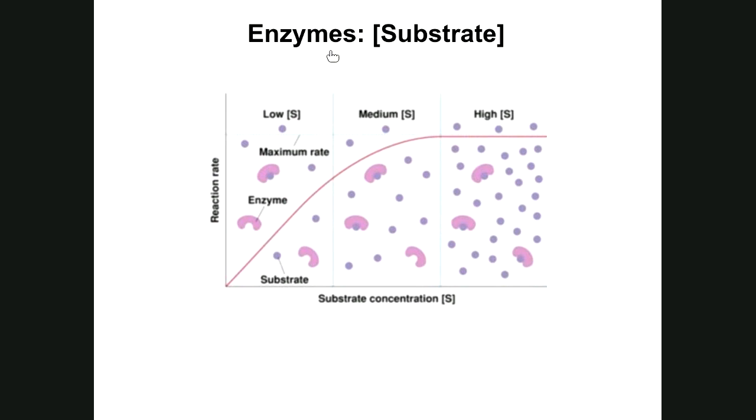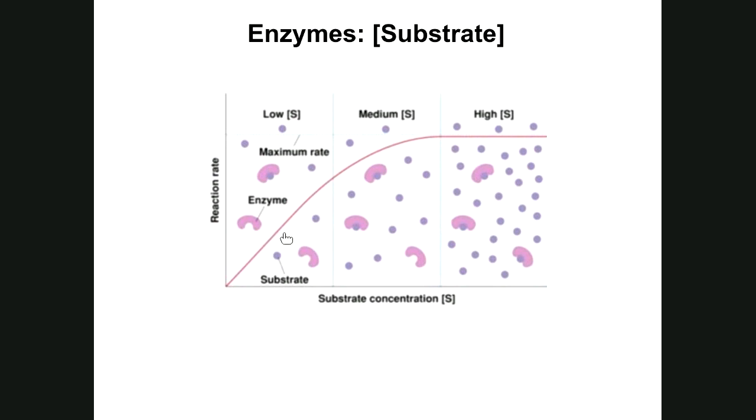The only thing that's changing is the amount of substrate. And that's what they're showing you here. So what they show you is initially, when just a little bit of substrate is provided to the enzyme, its rate of reaction is not very high. Okay, and the line here is representing product. You give me a little bit of substrate, I can only produce a little bit of product. In other words, I'm not very active because there's not a lot to do.